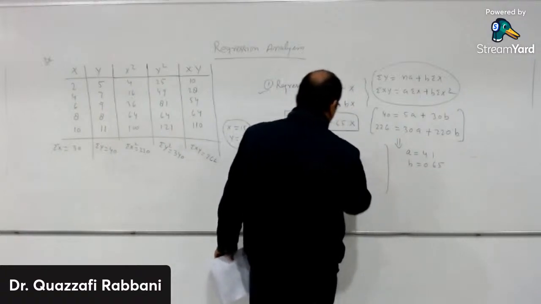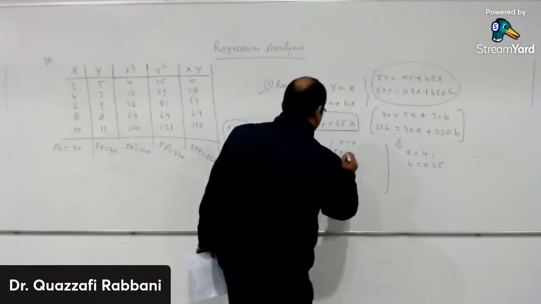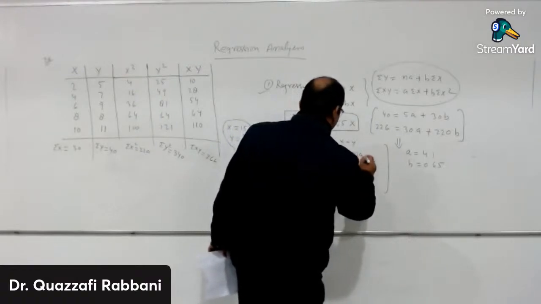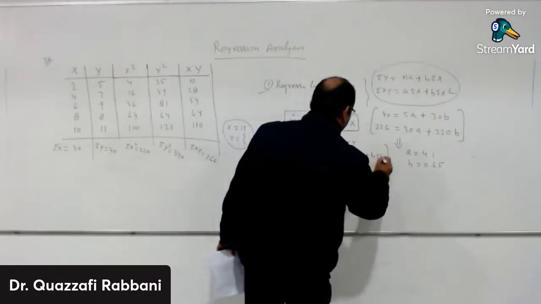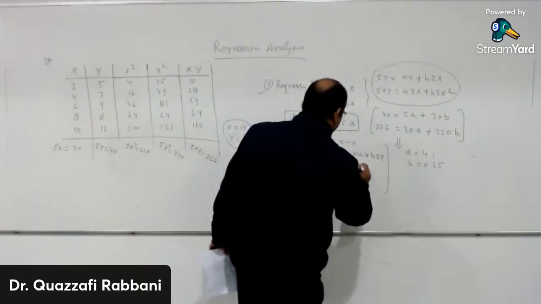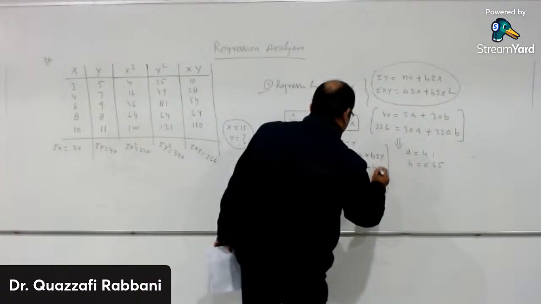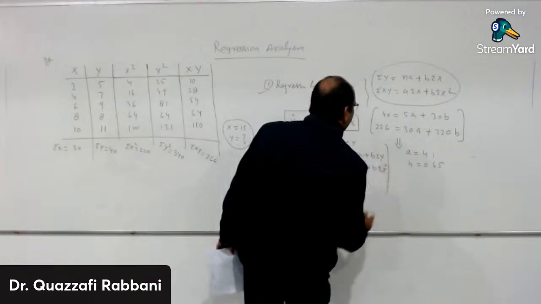So we know the normal equations of x on y: summation x is equal to na plus b summation y, and summation xy is equal to a summation x plus b summation y square.